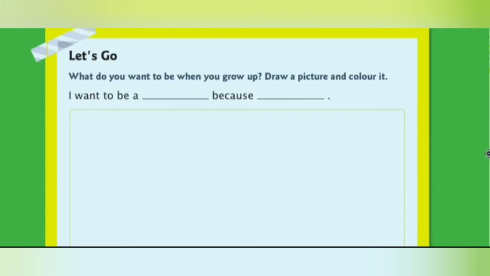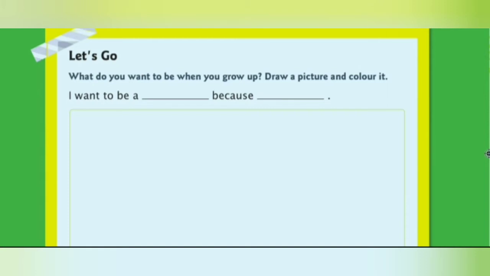What you are going to draw is what you want to become, related to your aim. For example, myself, I'm a teacher. So if I were a student, I want to be a teacher. What I will be drawing is a thing a teacher uses. I can draw a picture of a teacher, but because you're small kids, I can draw a pen or blackboard or books, stick, anything a teacher uses.